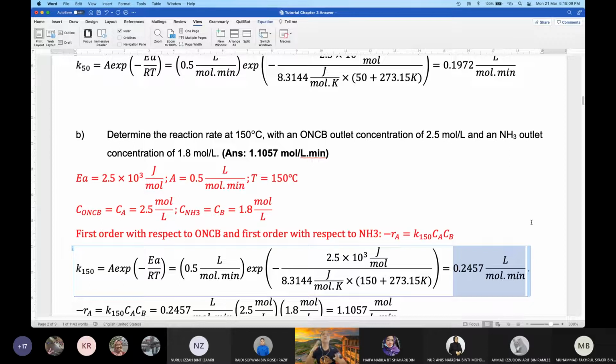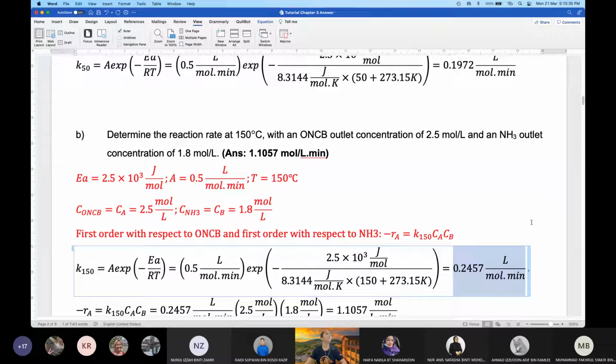So one way for you to check, you do remember I taught you in chapter 3, right? The K value actually increases with temperature. Again, I repeat, the value of K will actually increase with temperature. The higher the temperature you increase, the higher the value of K will be.